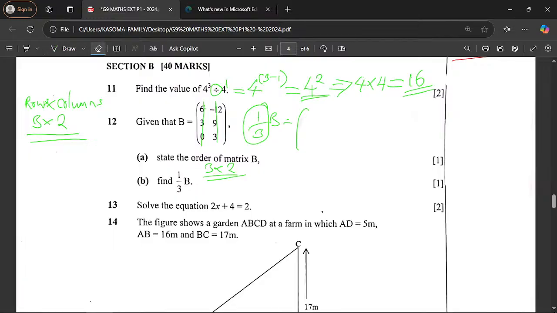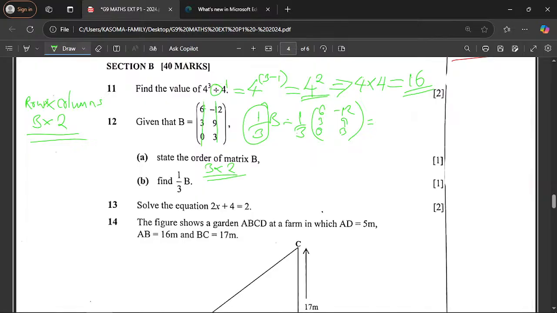1 over 3, then open bracket, then we have 6, -12, 3, 9, 0, 3. Close bracket. What we can do now is multiply every element in the matrix by 1/3.